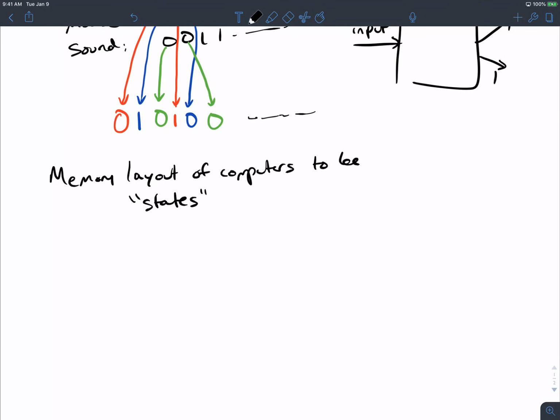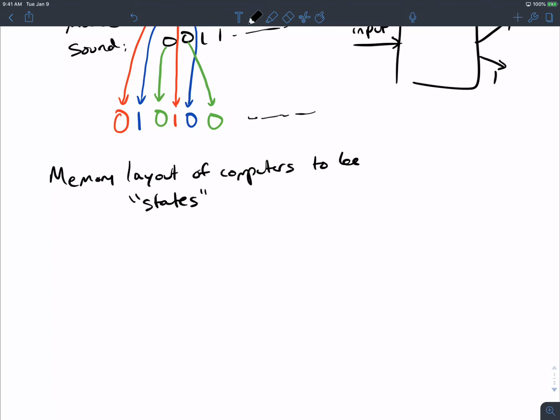So memory layouts of computers are states. Okay, so obviously what's going to happen is we have a state. Let's just say we're in a current state right now, some memory configuration, and we do one instruction of the computer, some kind of execution, one step. Am I going to get to some other state of the computer?